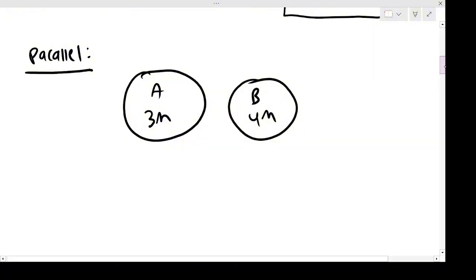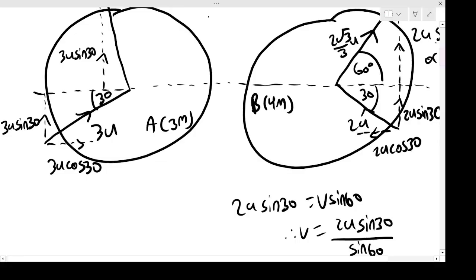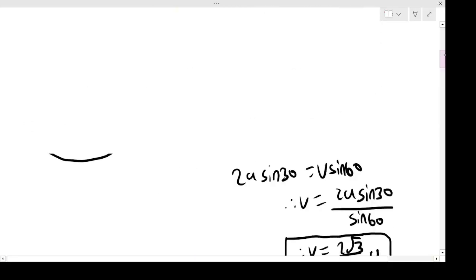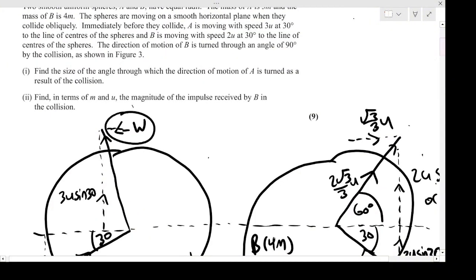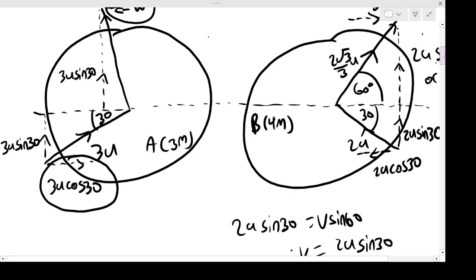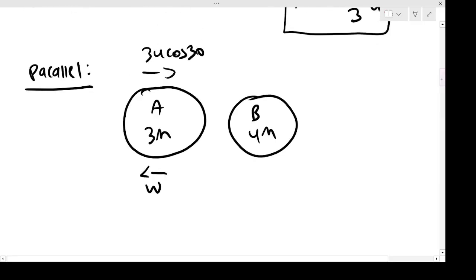Now, the parallel speeds for A, we have 3u cos 30 there before. Then afterwards for A, the parallel part is going to be this W going backwards to the left. Then for B, well, before it's moving with 2u cos 30 to the left, parallel.